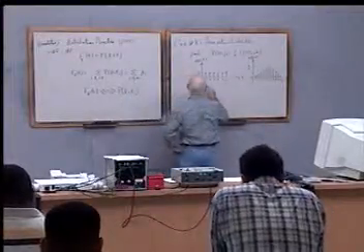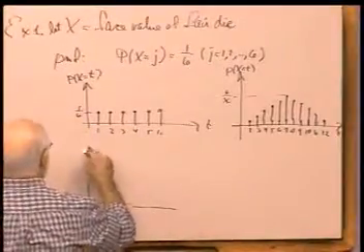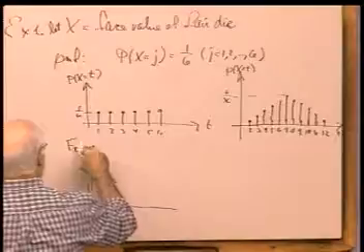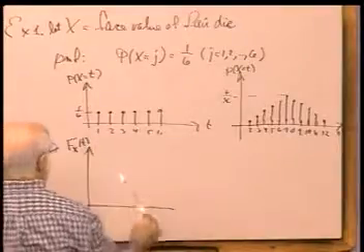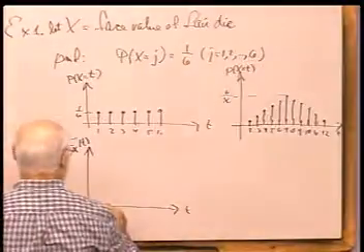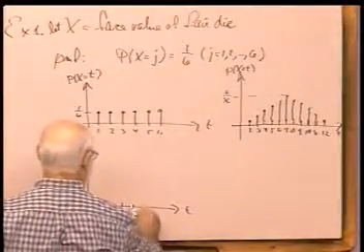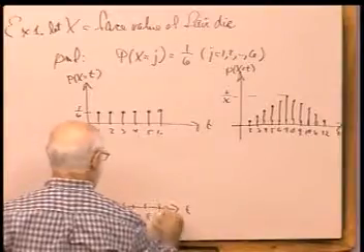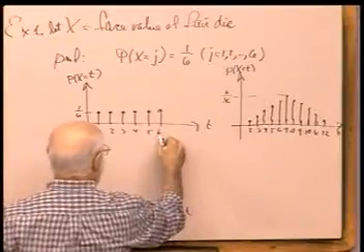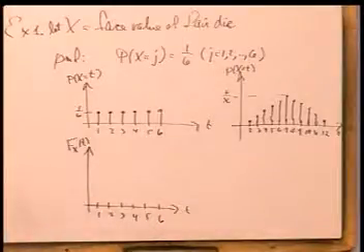I'll just draw a picture of it so you can see what's going on. Here is the distribution function of X evaluated at t, and here's t, and I'm going to use the same scale. So here are the values 1, 2, 3, 4, 5, 6. Imagine these lines connected, so it's the same scale.